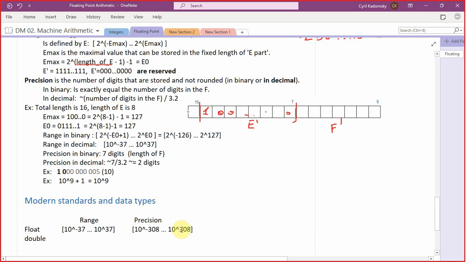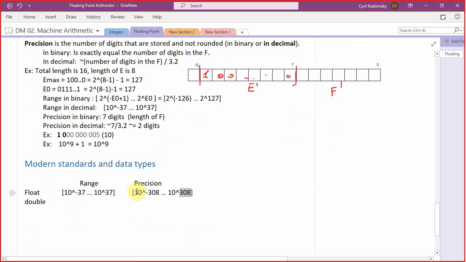It makes far higher possible values. It is range. And in precision we have approximately 7 decimal digits. In this case, in double, we have approximately 16 decimal digits.